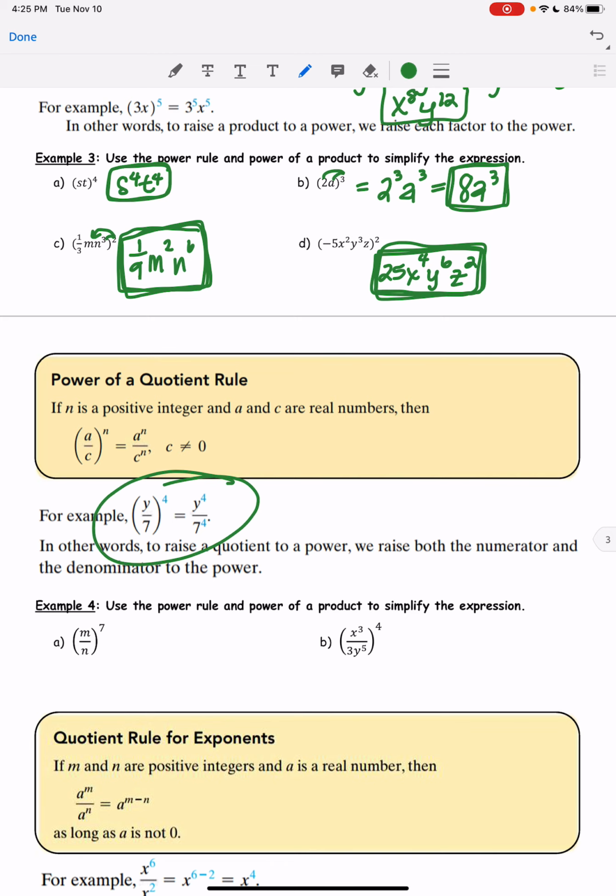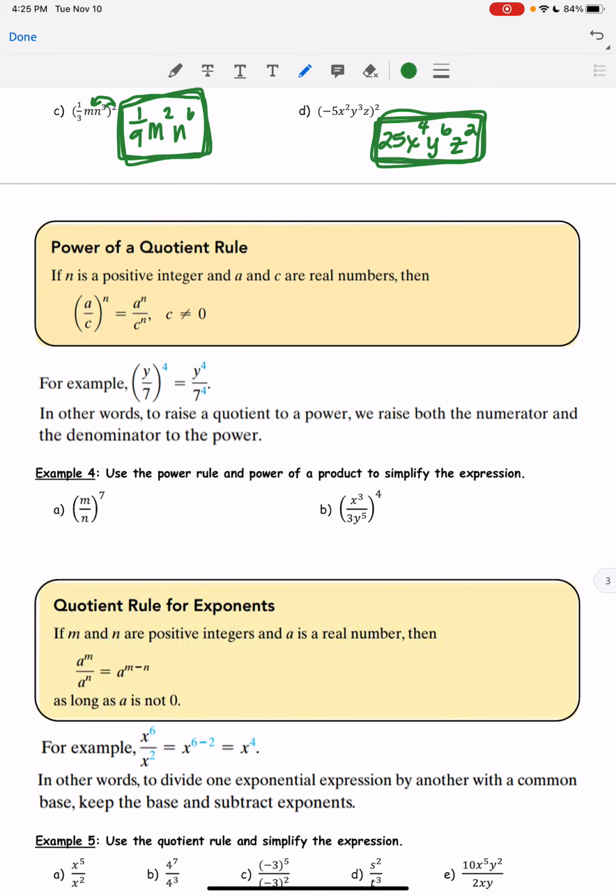Okay, you have an example of that here. You have a fraction that goes to everything in top and everything in bottom. So that's just simply m to the 7th over n to the 7th. You've got multiple things in the bottom. It goes to everything in the bottom.